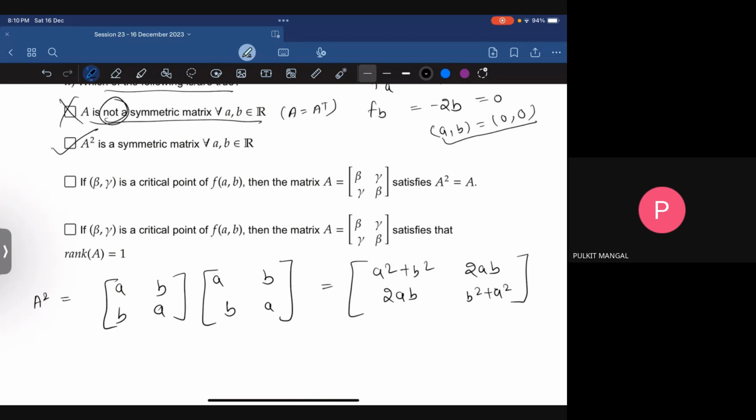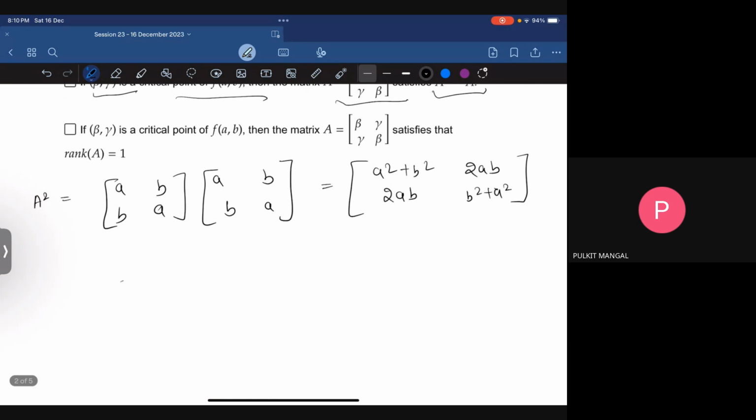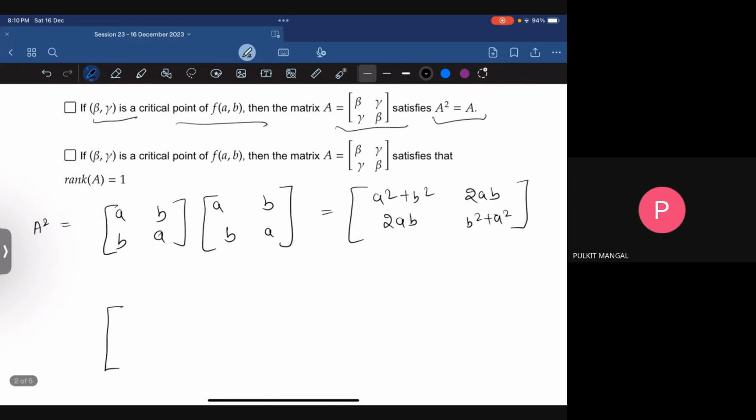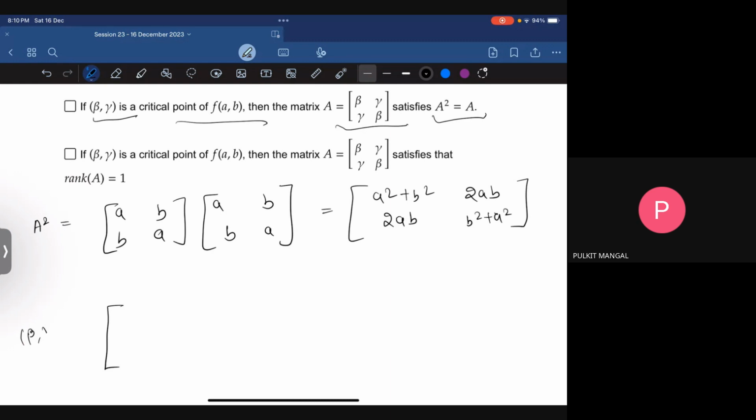Now, if (beta, gamma) is the critical point of my function f at the point (a, b), then the matrix A satisfies A square equal to A. The critical point that we got was (0, 0), so here my beta, gamma is (0, 0). If you put them in the matrix A, it would be just a 0 matrix, right?